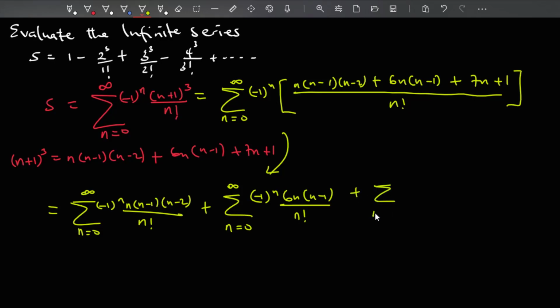Plus the summation from n equals 0 to infinity of negative 1 to the power n first, and then 7n over n factorial. And finally, I have negative 1 to the power n over n factorial, still from n equals 0 to infinity.